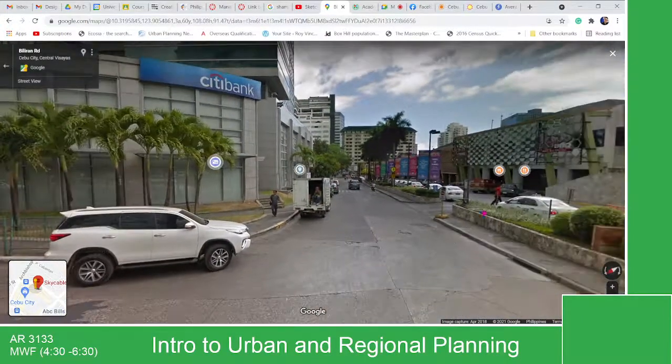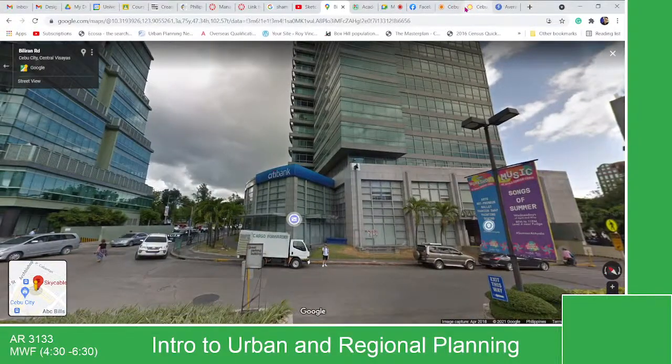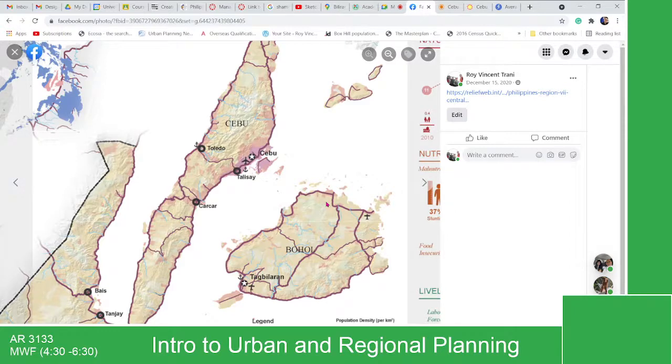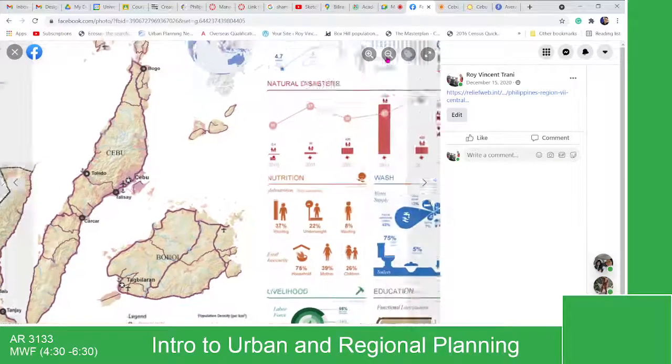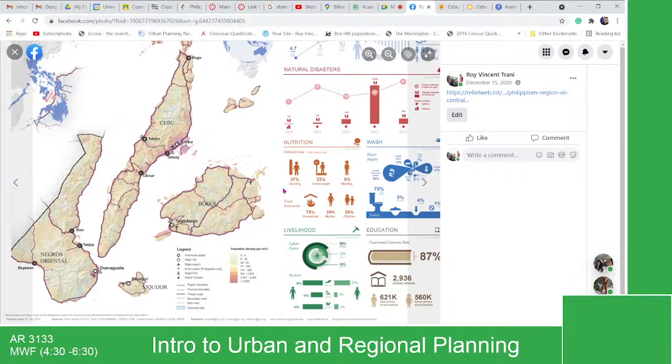Anyway, we'll be discussing more details on how we can use knowledge from urban and regional planning to incorporate into our design so we can have a more holistic development, a building that should be able to last not just 20 or 50 years but maybe 50 to 100 years.